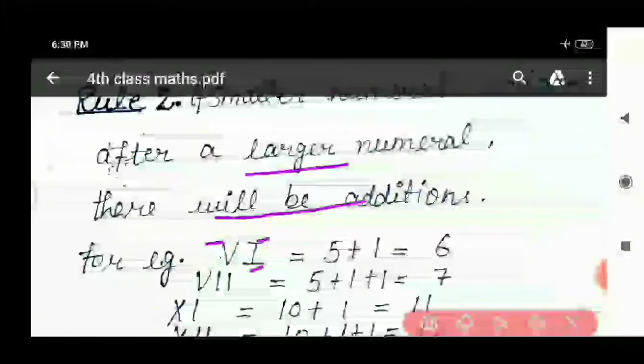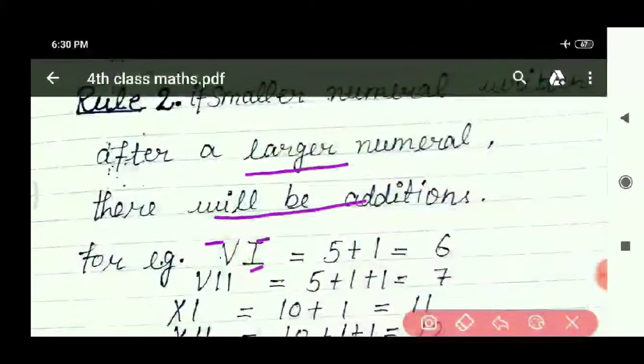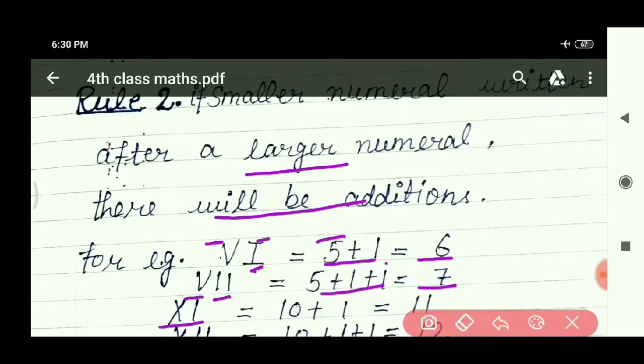Got it? So here first is the larger numeral, V is 5 plus I is 1. 5 plus 1 is equal to 6. Next, larger numeral V, then after it a smaller numeral. Here also adding, 5 plus 1 is equal to 7. Next, XI. Here also X is the larger numeral followed by I. 10 plus 1 is equal to 11.